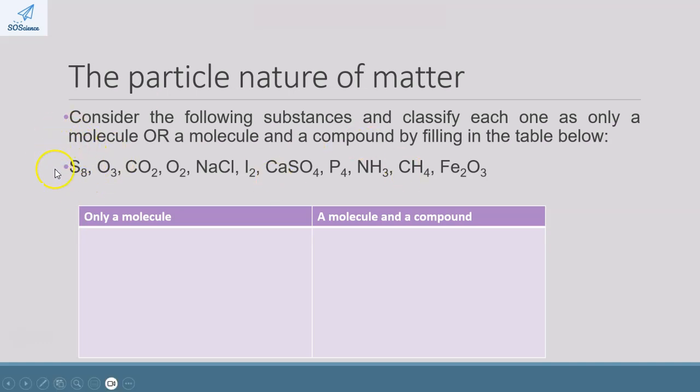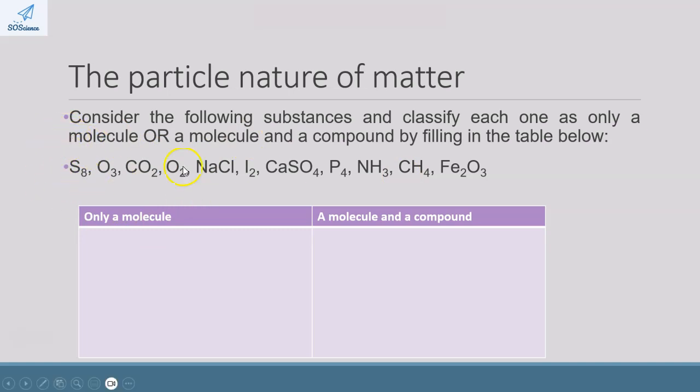S8. Is S8 only a molecule, or is it a molecule and a compound? Well, S8 fits the definition of a molecule because it is made up of more than one atom that is chemically bonded. But does it fit the definition of a compound? No, it doesn't, because it is only made up of one type of atom that's chemically bonded.